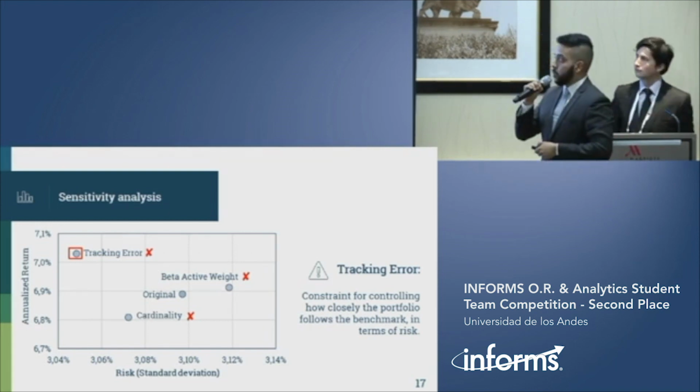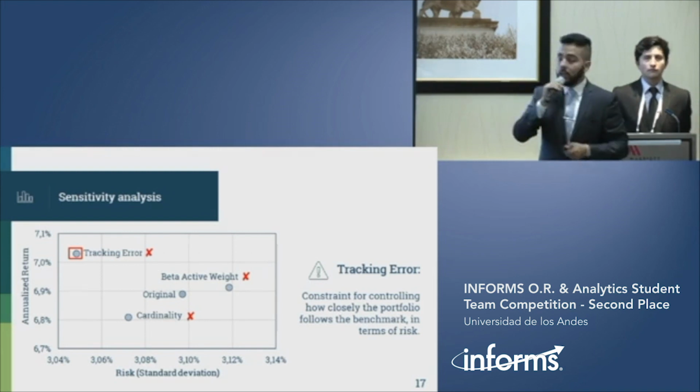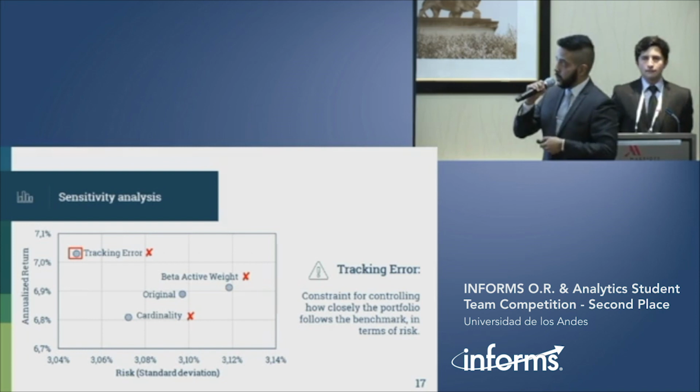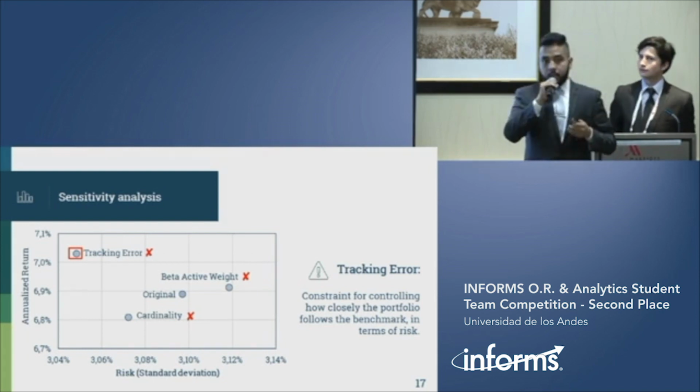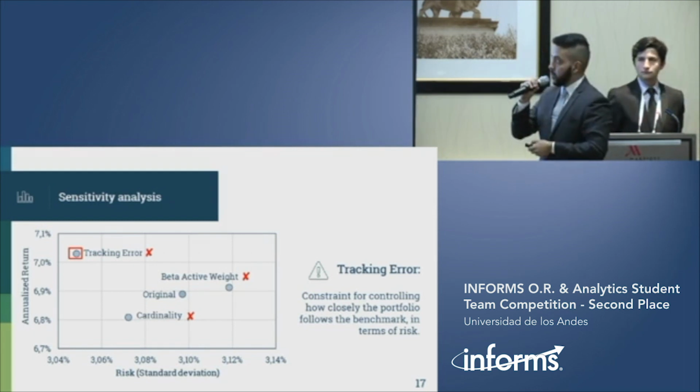This point is the original portfolio we gave in the last slides, and the rest of the 3 points are the portfolios that we ran without taking into account the associated constraint. You can see that the red point shows the main conclusion of this sensitivity analysis.